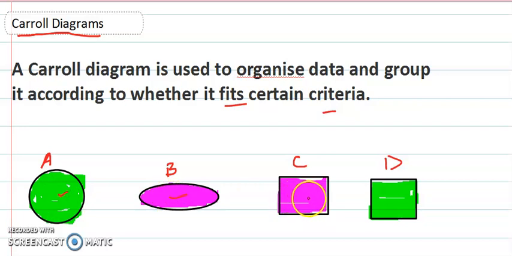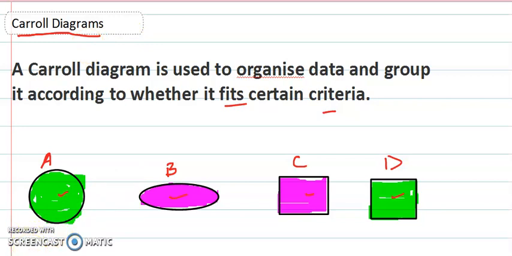C and D don't have any curve in them. But there is also a difference: one has a green color and the other has a blue color. So they have a lot of features that, while studying any diagram or any numbers or any data, we can highlight using the Carroll diagram.